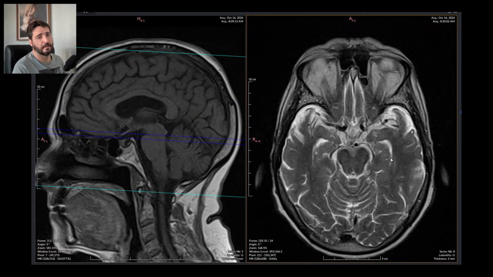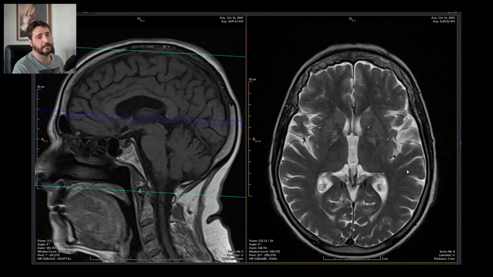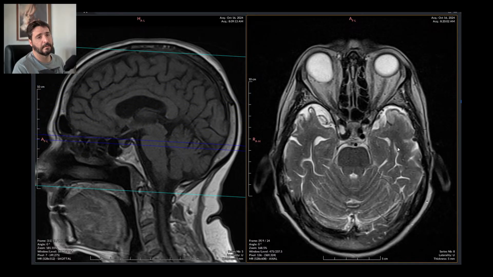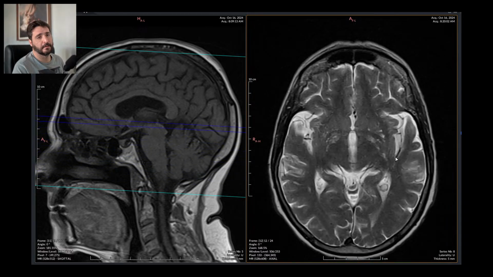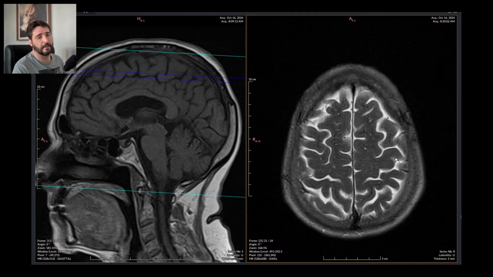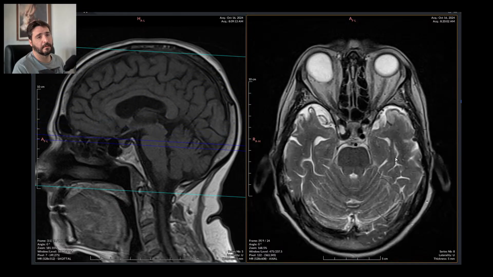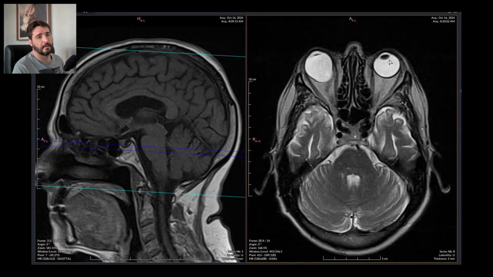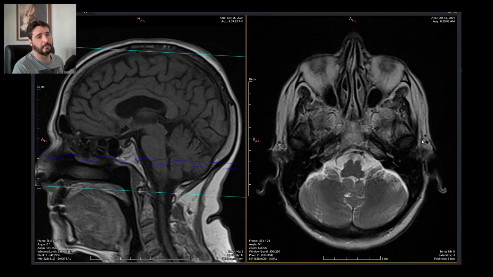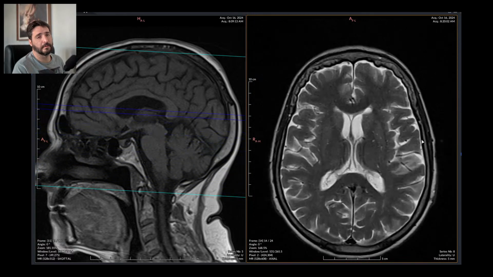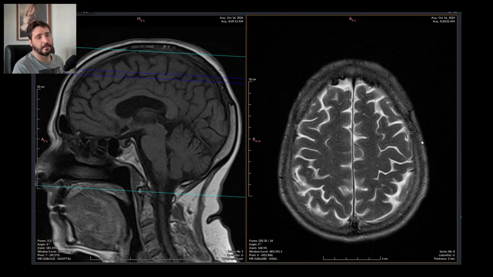Still, slight dilatation of the ventricles right there, but there is prominent, yeah, temporal lobes aren't really good. She has lost a lens. She still has one lens to go, and she has gone through some kind of surgery right there on her right eye.